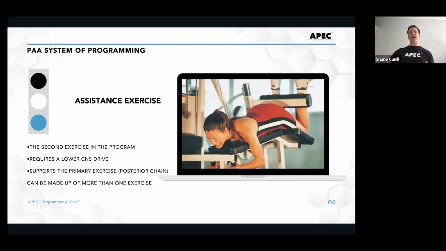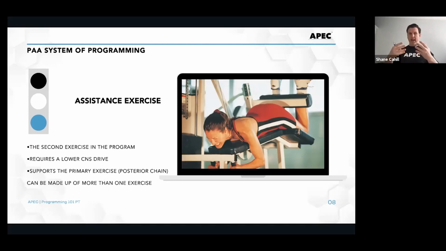So the next time that client goes back to trying to do the squat, they will have improved their posterior chain, which is the foundation for people to be able to perform big compound movements like a squat. So the second exercise, your assistance exercise, supports the primary exercise and traditionally tends to be in the posterior chain.